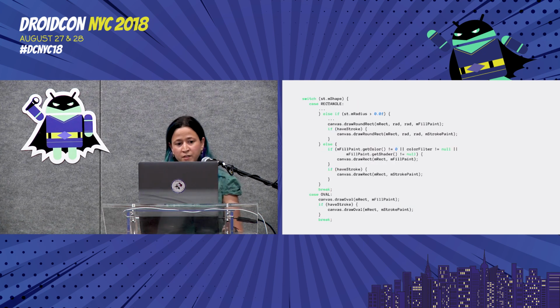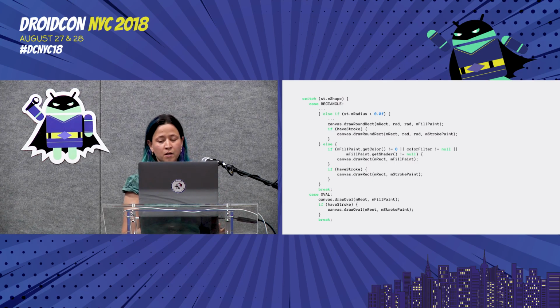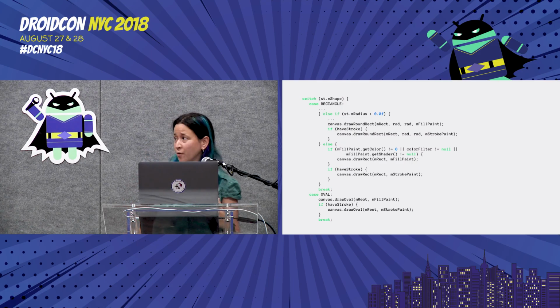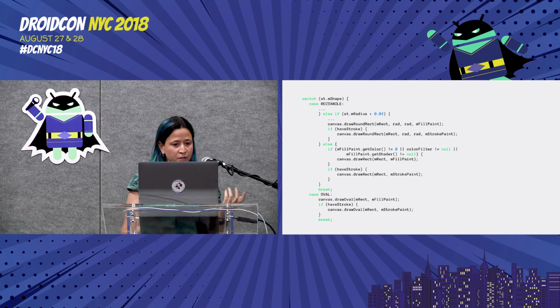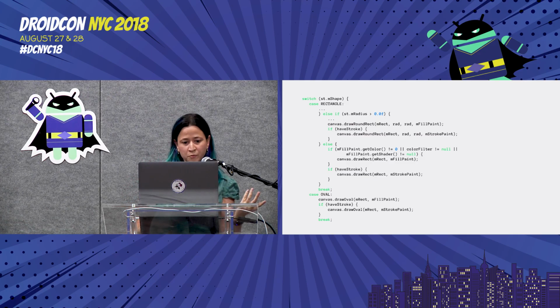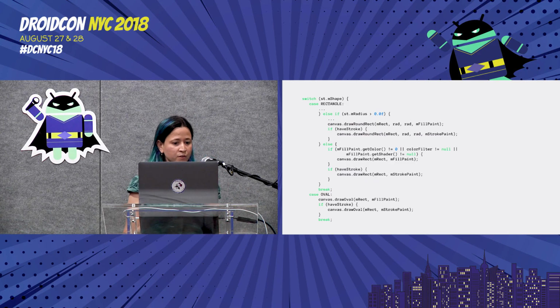In the gradient drawable, again, this is just another example to show you that the draw method of the gradient drawable has calls for the canvas to actually draw things onto the canvas. So you can see here the canvas draw round rectangle or the canvas draw rectangle. They are all just calling the canvas with whatever they want to draw.